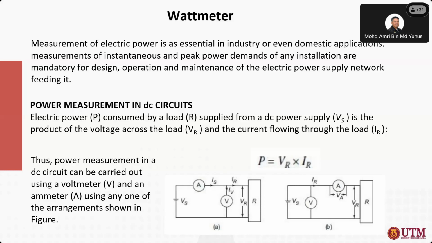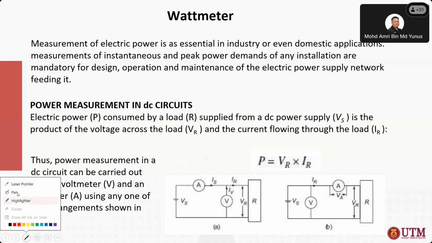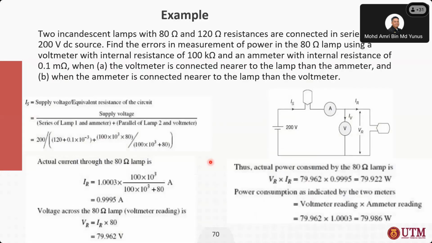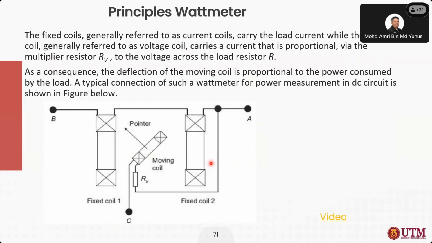Here at the bottom, you can see how the ammeter and voltmeter can be arranged to measure watt or power across a load R. I will not go through this example, but basically I want to go straight to the principle of wattmeter.